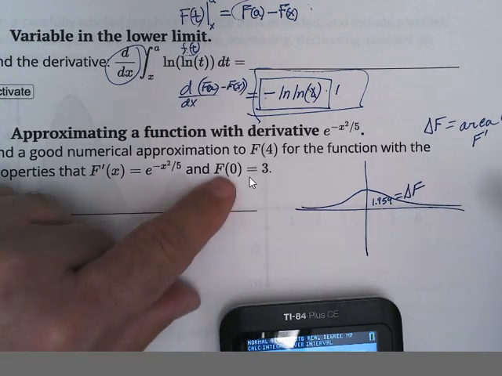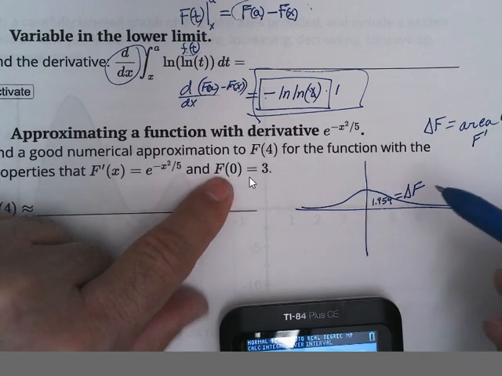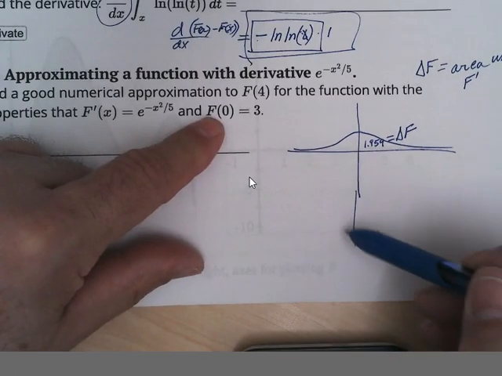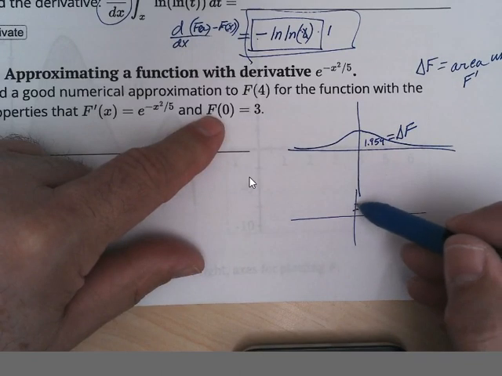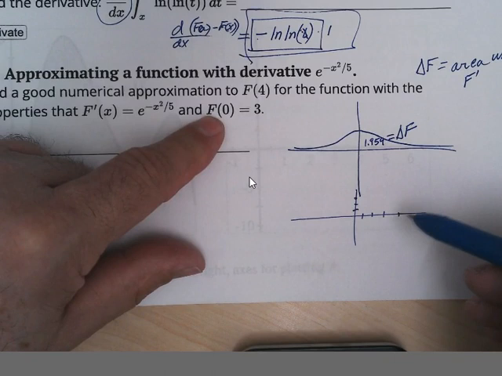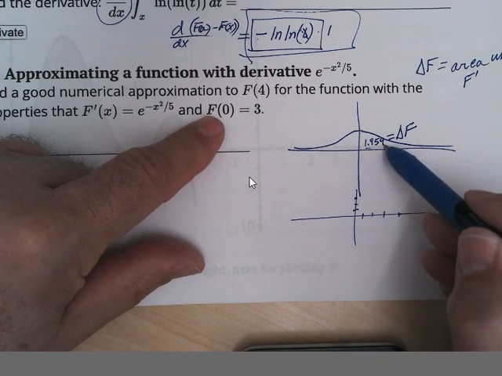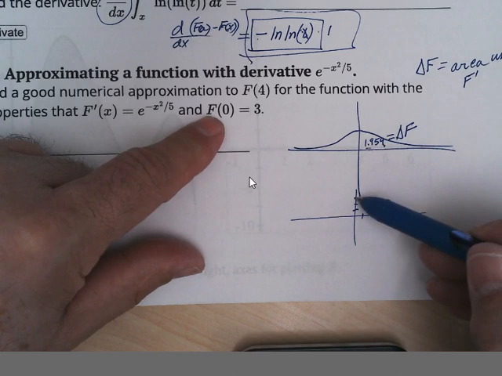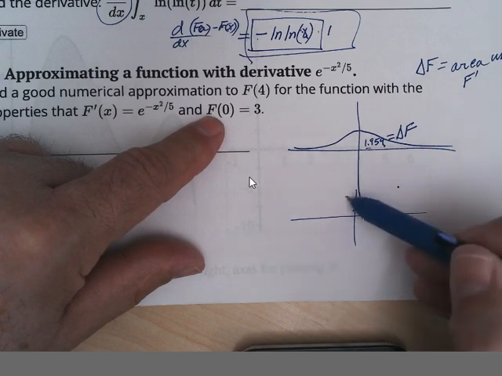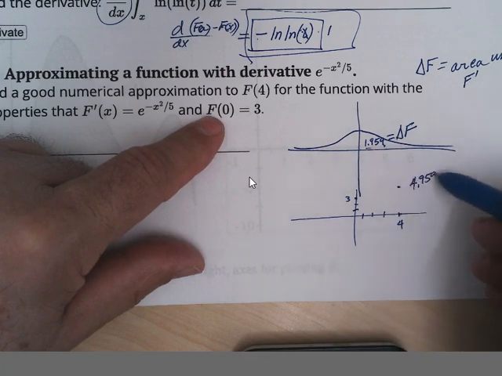Okay? But this is not a picture of f, this is a picture of f prime. So f started at 1, 2, 3. And by 4, from 0 to 4, it changed by 1.959. It increased 1.959. So if it starts at 3 and it increases by 1.959, the height is 4.959.